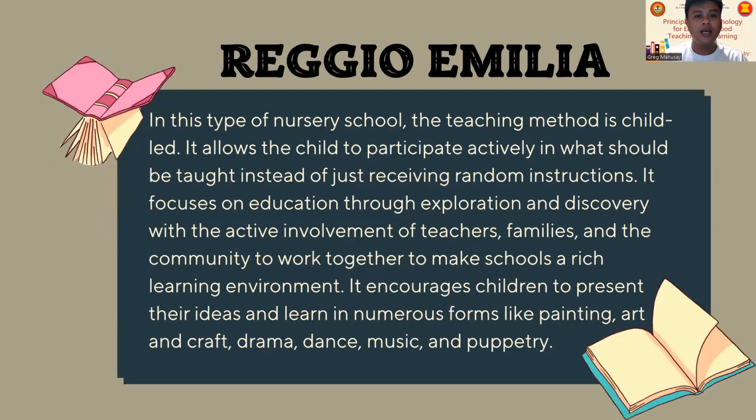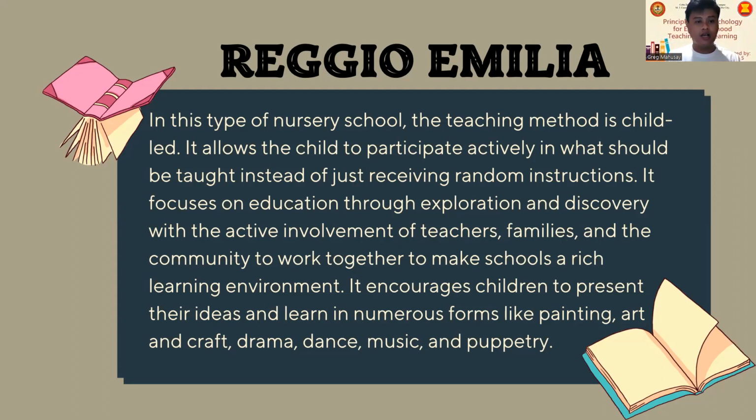So the next kind of selection method we have is Reggio Emilia. Again, Playway is a playgroup, while Reggio is a nursery school where the teaching method is child-led. It allows the child to participate actively in what should be taught instead of just receiving random instructions.